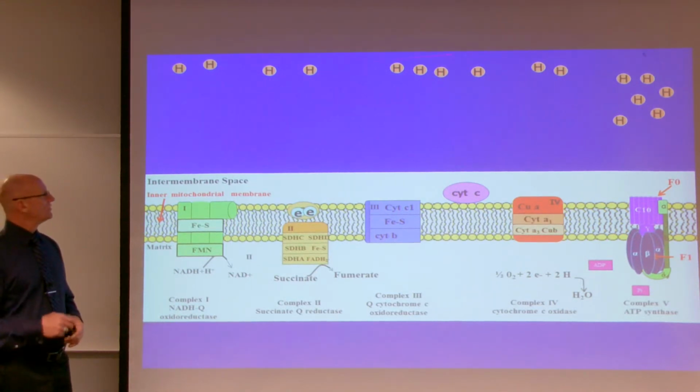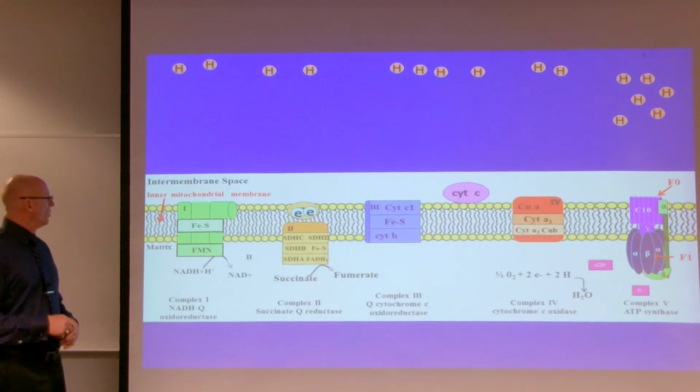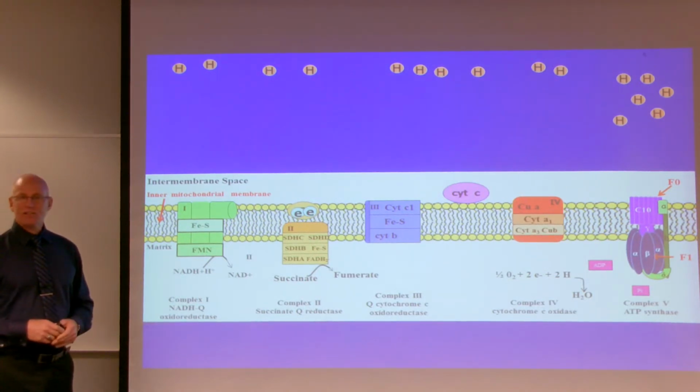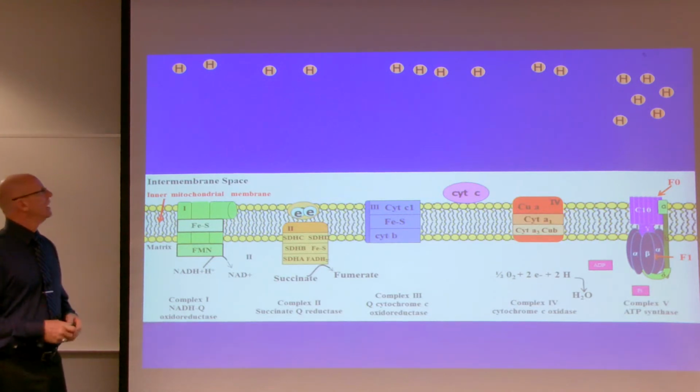For every 1 nicotinamide adenine dinucleotide in its reduced form, these hydrogen ions will promote 10 hydrogen ions into the intermembrane space. And this creates a pH gradient and also an electrochemical gradient, promoting a potential energy.